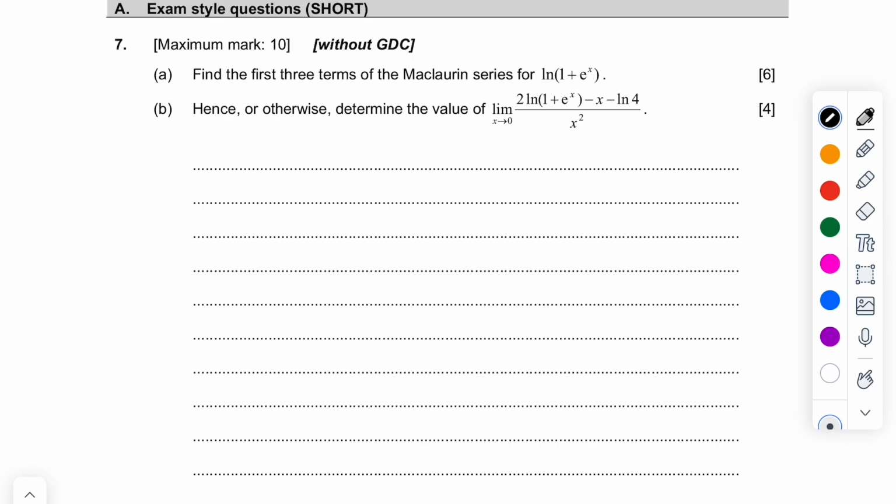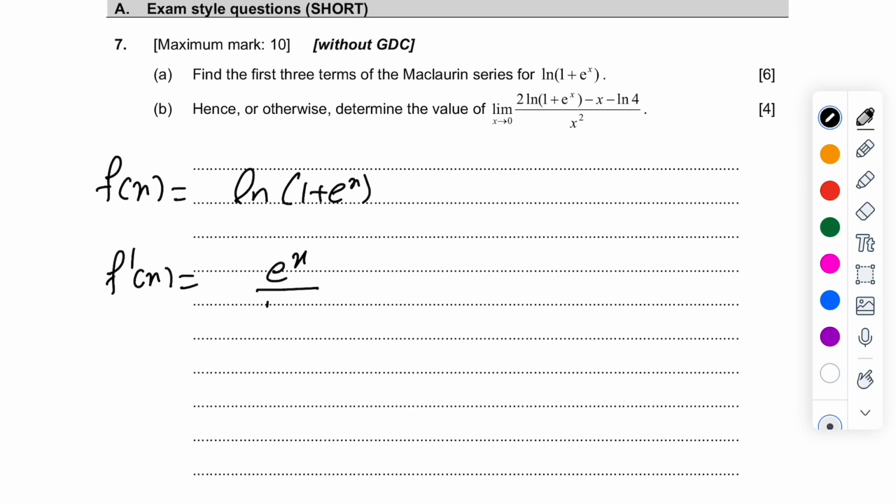Question number 7. Find the first three terms of the Maclaurin series of ln of 1 plus e power x. So f of x, what is f of x? Ln of 1 plus e power x. So f prime x, first derivative will become e power x upon 1 plus e power x. Second derivative, use the quotient rule.